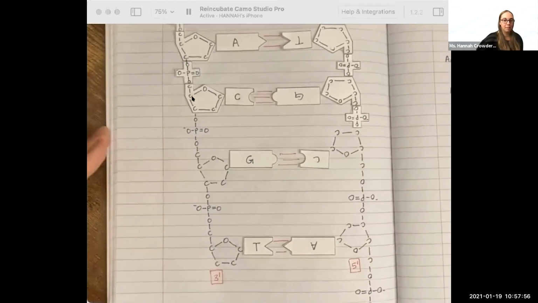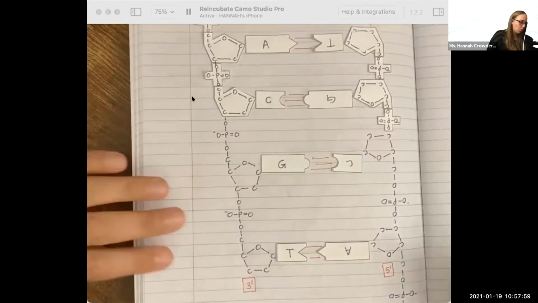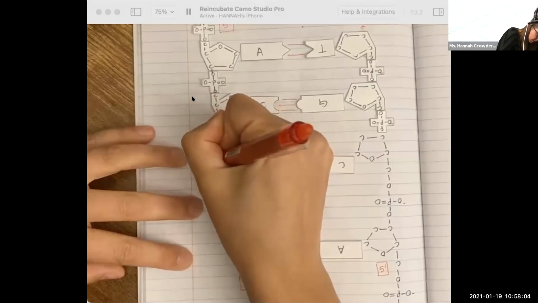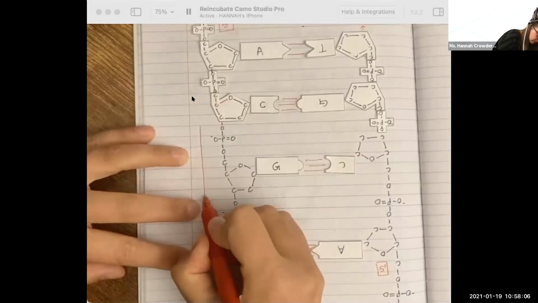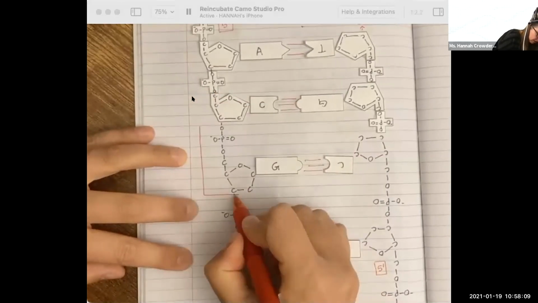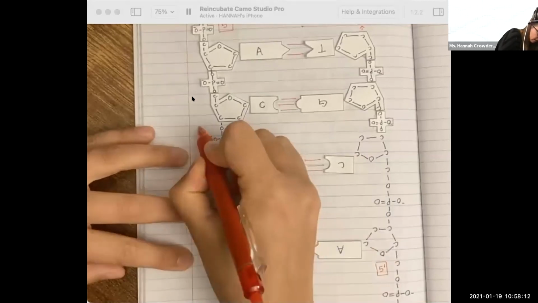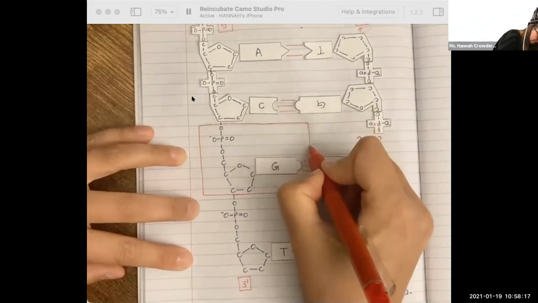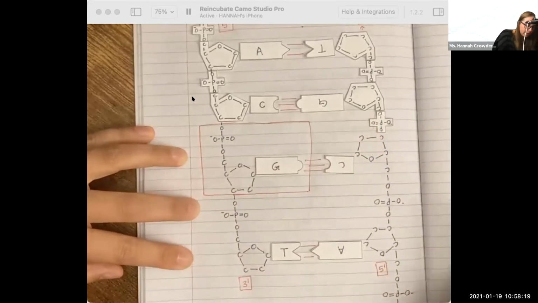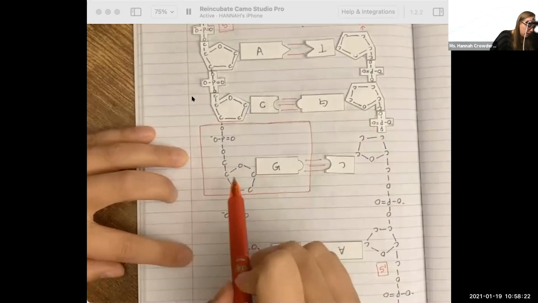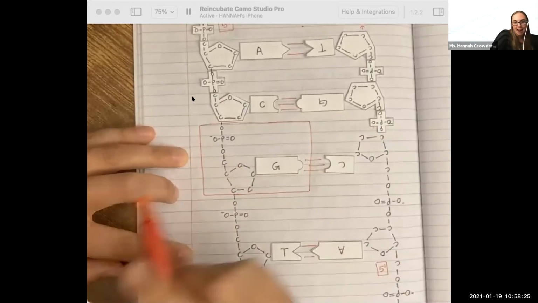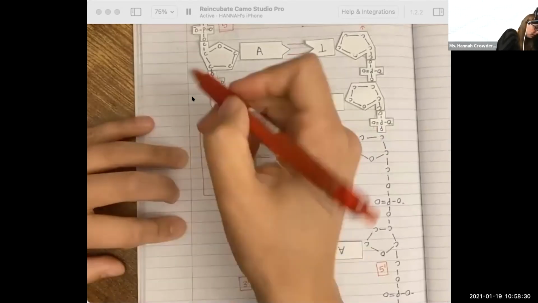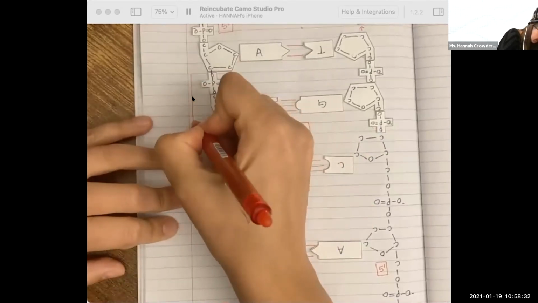Couple more things that I'm going to add on here is I need a whole nucleotide. So I'm going to put a box around one nucleotide. Notice that my nucleotide includes a sugar, a phosphate, and a base, and that the phosphate is on that 5' carbon. So here's another example of a nucleotide.